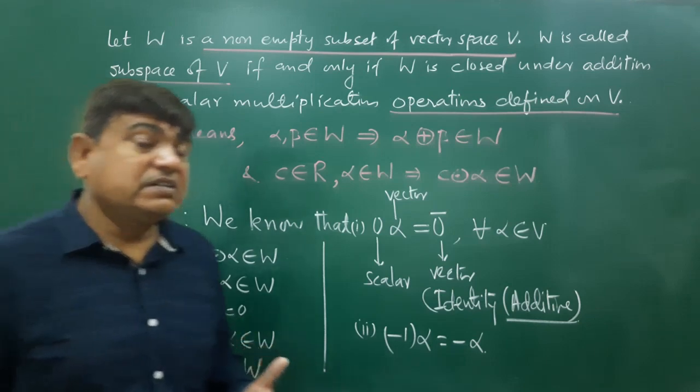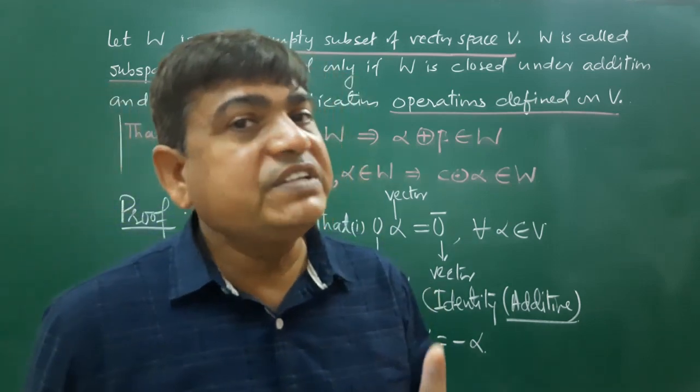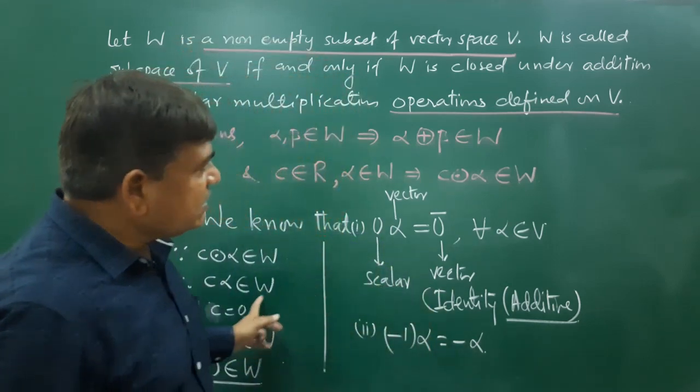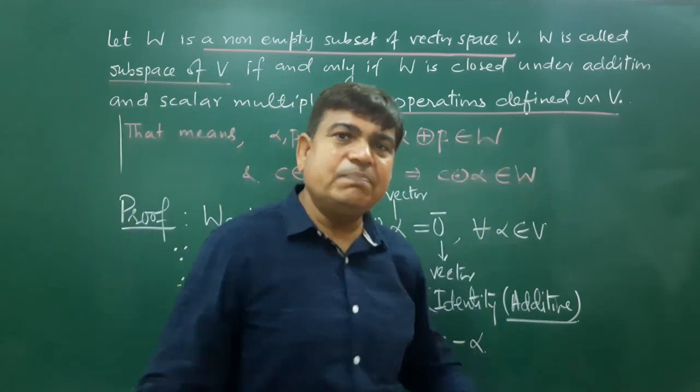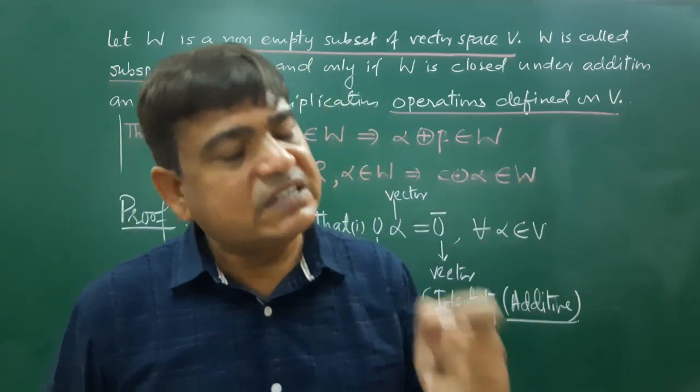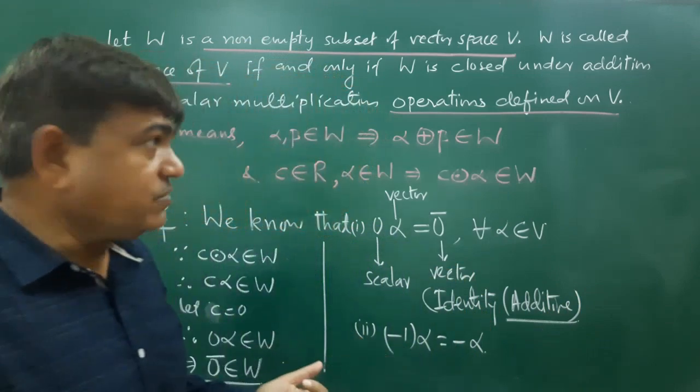And we know that the identity element is always unique. So whatever the identity element of the vector space is will be the identity element of its subspace. Very important property.